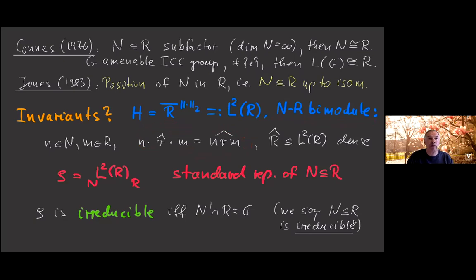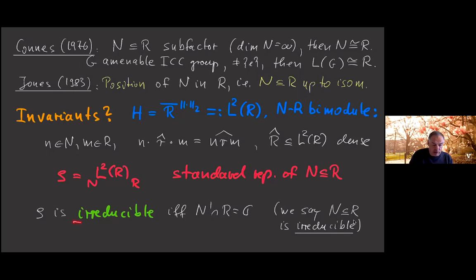So L2 of R is very naturally an N-R bimodule. And this is called the standard representation of the subfactor, okay? So the Hilbert space that I constructed earlier carries a natural left N action by the subfactor, and the right R action by the factor, and hence is an N-R bimodule, okay?